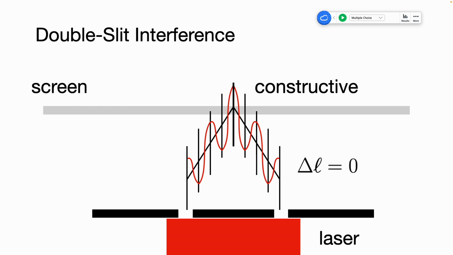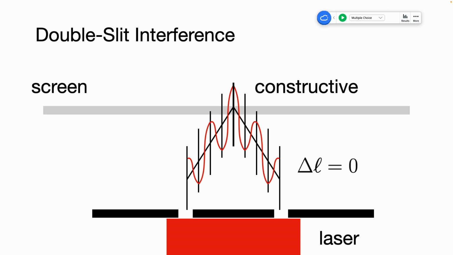When you look at the point on the screen that is right at the center, this point should be equally far away from the two slits. When the laser hits the slit, it creates two wave sources, and the two wave sources travel to a point on the screen with no path difference. In this case, they either both go up or go down, and they will help each other form constructive interference, and you will see a bright spot at the center.